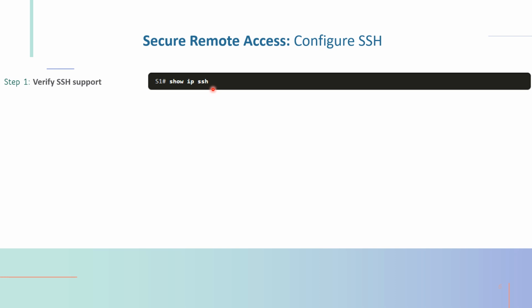With this, we will be able to verify that the switch will support Secure Shell. If the switch is not running an IOS that supports cryptographic features, this command is unrecognized.